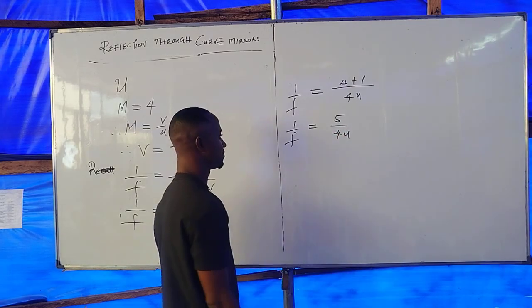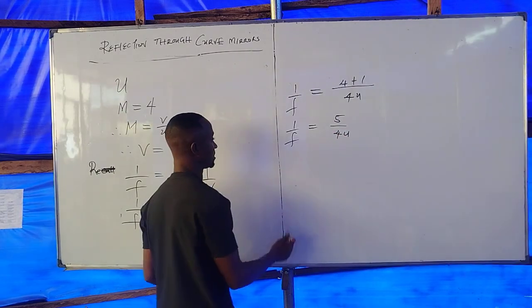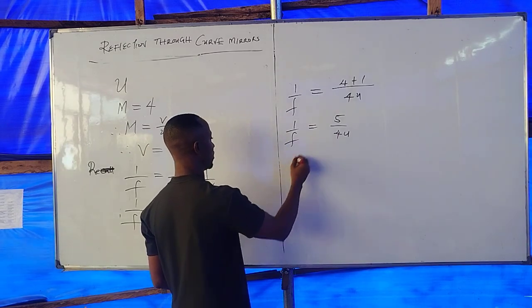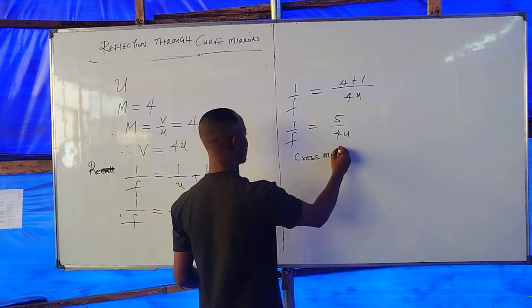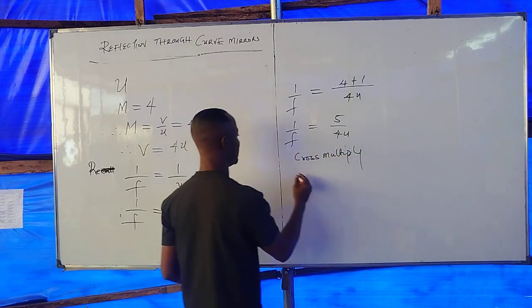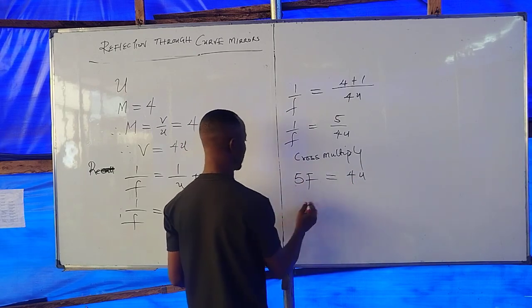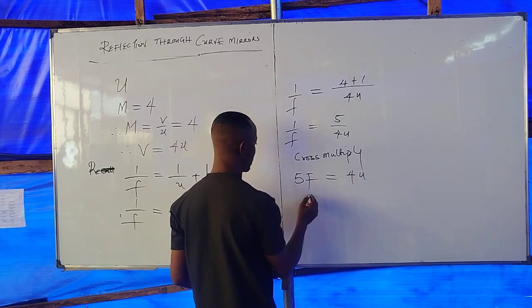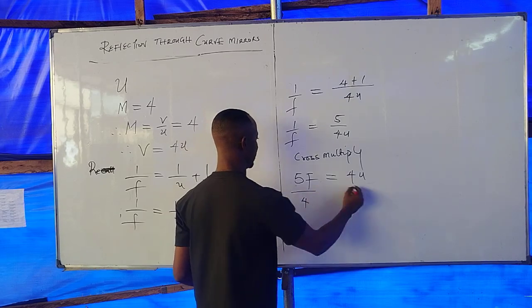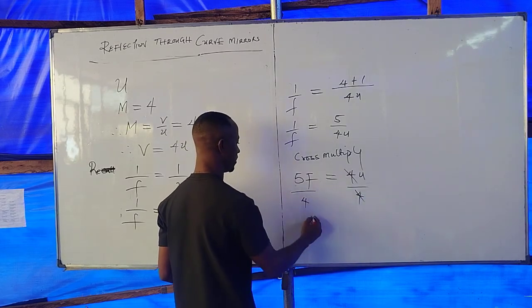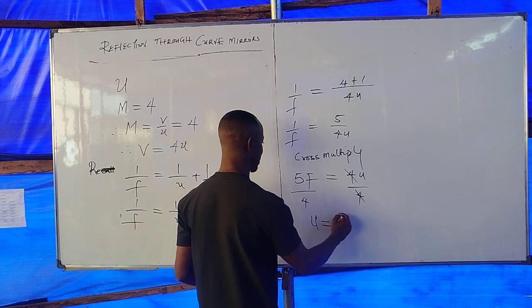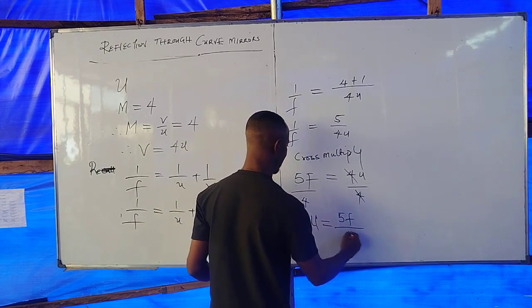Don't forget our aim is to find the object distance. Okay? So we're going to cross multiply. That means 5F is equals to what? 4U. Then we divide both sides by what? By 4. That will give us U over 4 over 4, 4 can go with 4. Therefore, our object distance is actually 5F divided by what? 4.